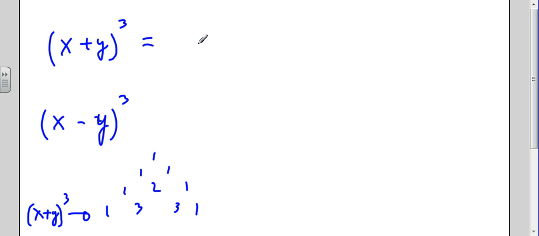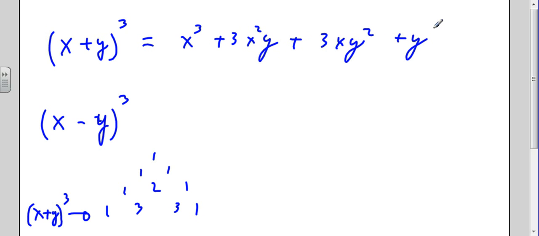So this is going to be x cubed plus 3x squared y plus 3xy squared plus y cubed. I'm cubing these, so I have an x cubed, I have a squared term and a 1 term that adds up to 3 in exponents, I have a 1 and a 2 that adds up to 3 in exponents, and I have a 3 sitting there. But have you done Pascal's triangle ever in your entire life?